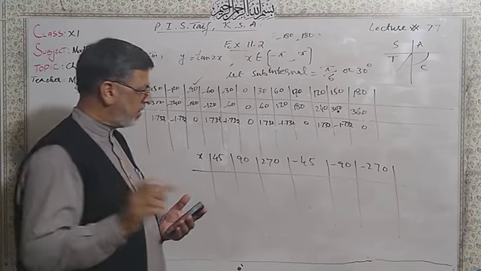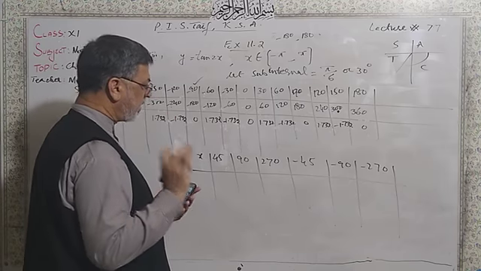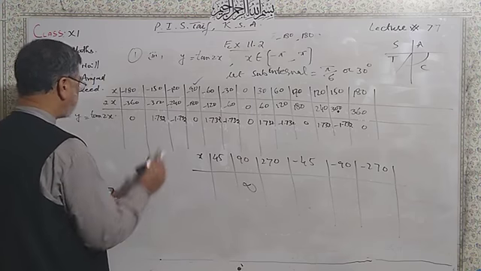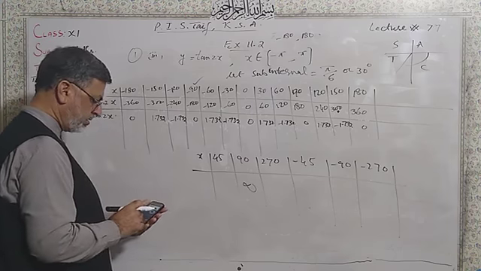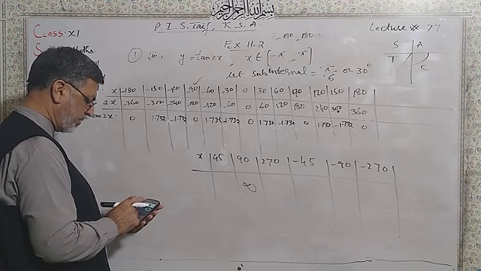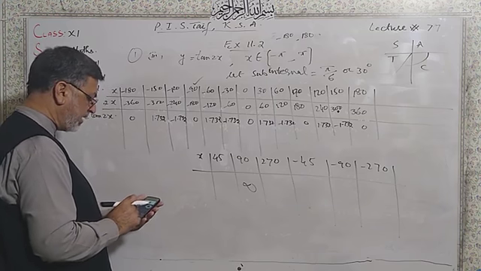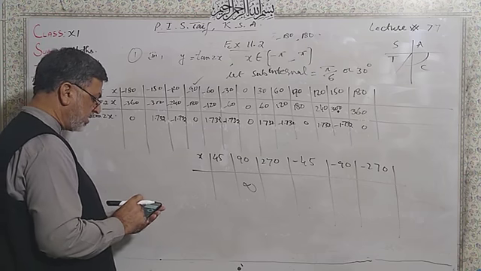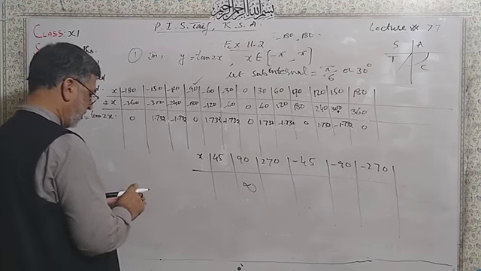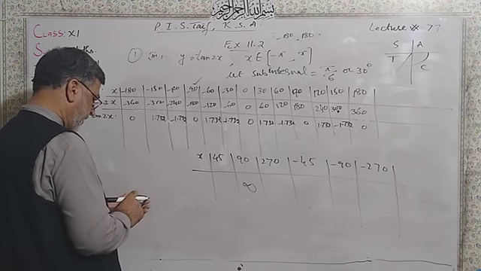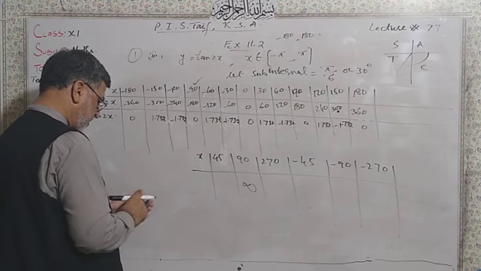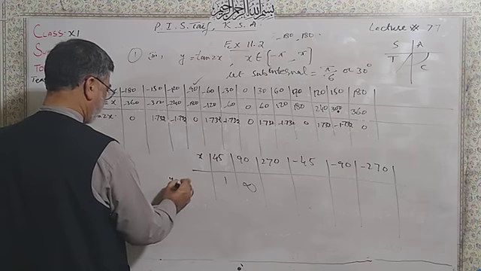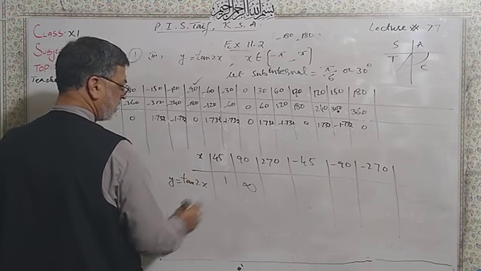This is special for the tangent only because tangent 90 is infinity. This is math error. For example, I am taking tangent 90. Yes, this is infinity. And remember, tangent 45 is 1. Here is 1. Y is equal to tangent 2x.